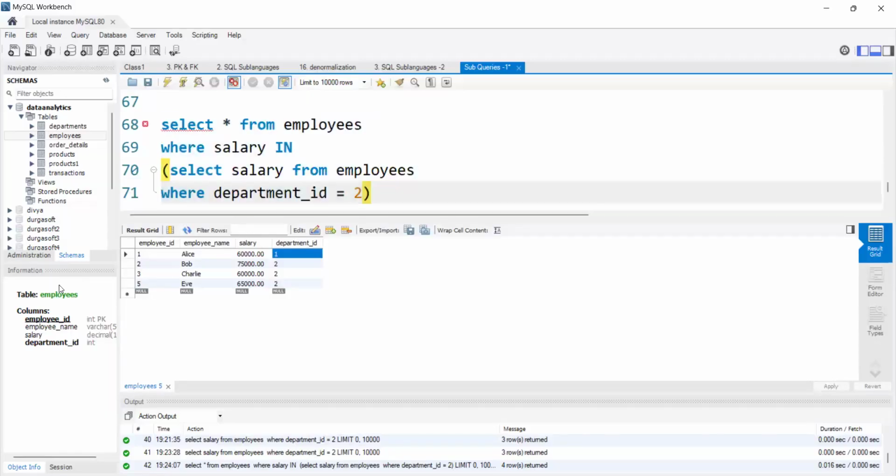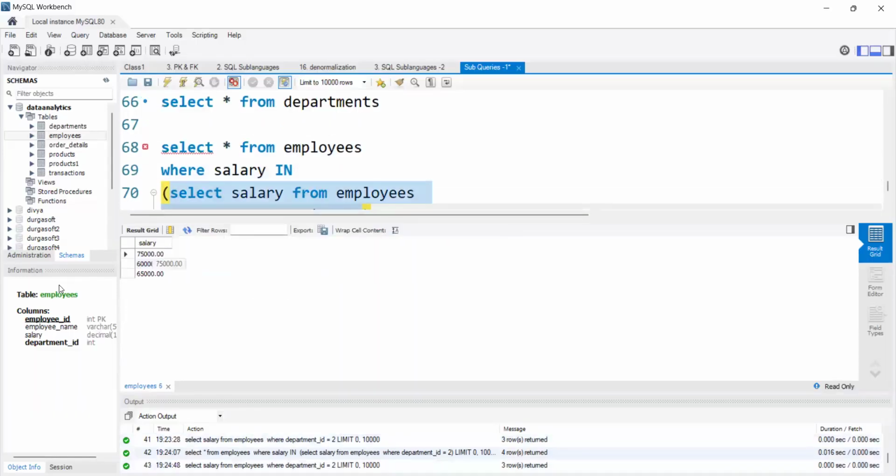I want to fetch the complete employees table whose salary is equal to the salary of department ID 2. If you can see here, I have 60,000, 75,000, 65,000. If I execute this single statement, it is also giving me 75,000, 60,000, 65,000. So we have four employees in the complete employee table whose salary is equal to these three salaries, correct?